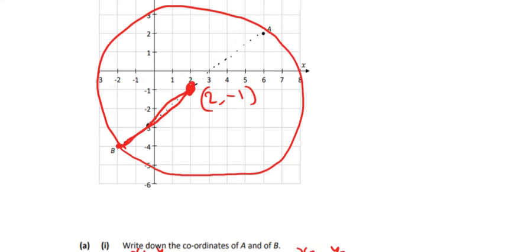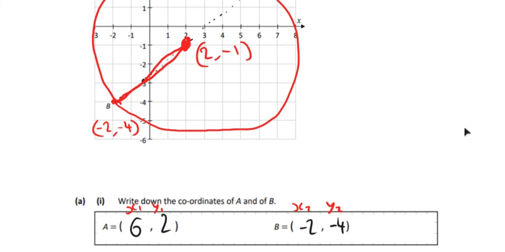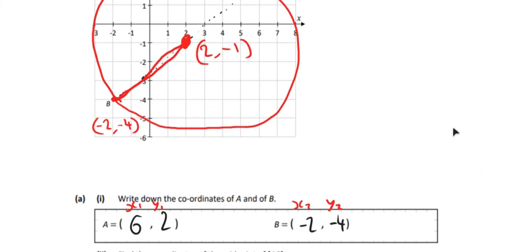Now you could use the point A if you want, it doesn't matter. You could use A or B. Because I've started, I'll just use B. It might be easier if we used A because you'll have positive coordinates, but anyway. So we want to find the distance from 2, -1 to -2, -4.